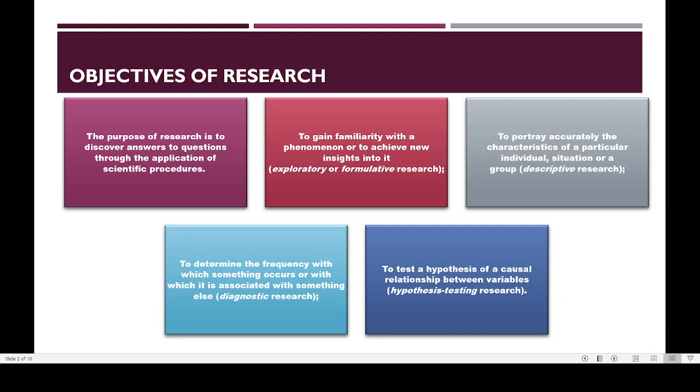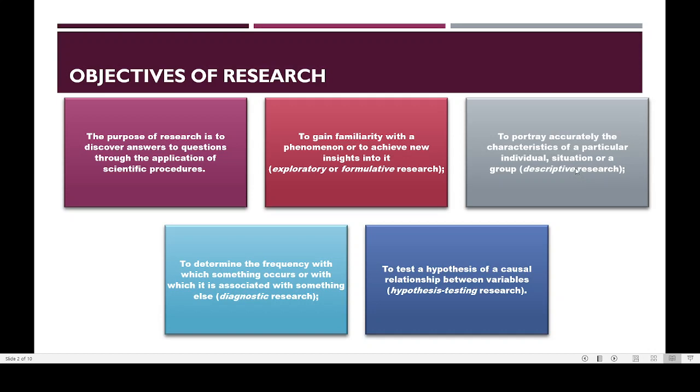Maybe that information can be used later in the future for some other purpose. So that kind of research, in which we get new information about something, is known as exploratory or formulative research. Our aim is to get more idea or more insight into that.